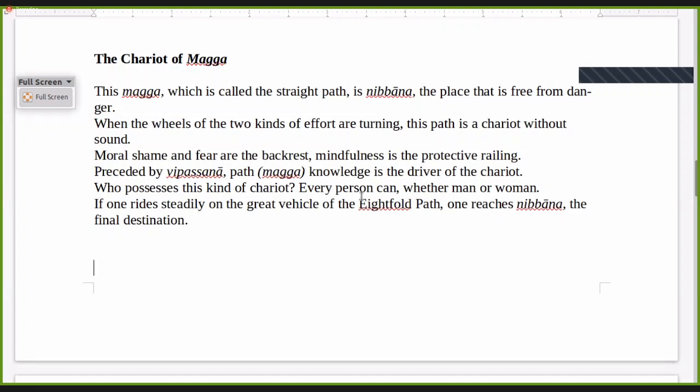Sometimes while listening to the teaching of the Buddha, the audience, yogis, or passengers numbering 84,000 rode on this mega vehicle, piloted by Vipassana Maga, which transported them restlessly to their final destination, Nibbana.